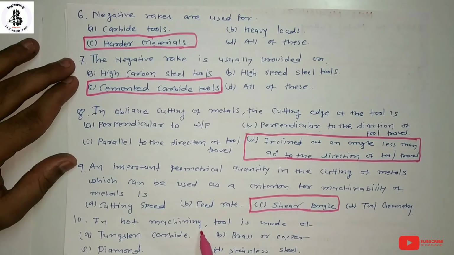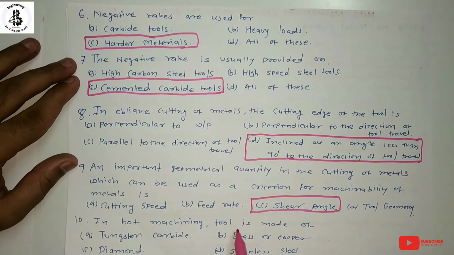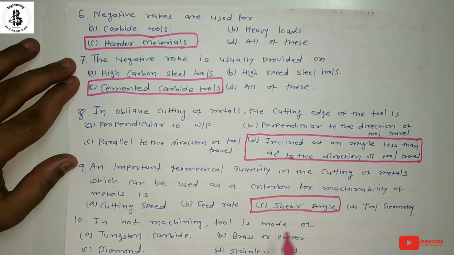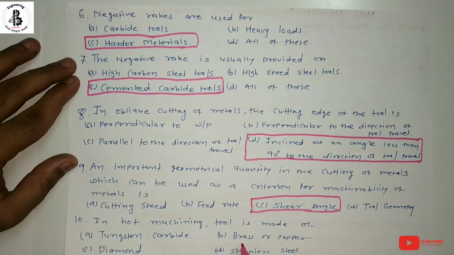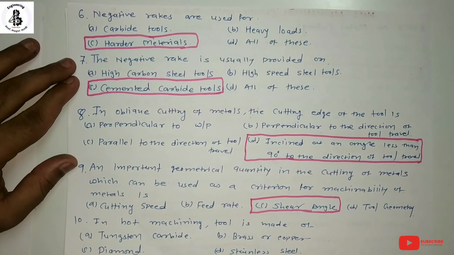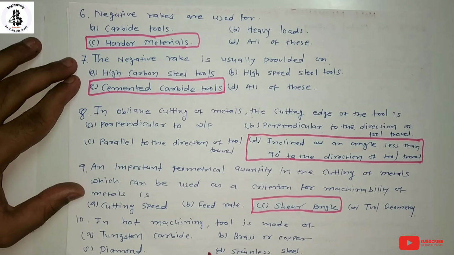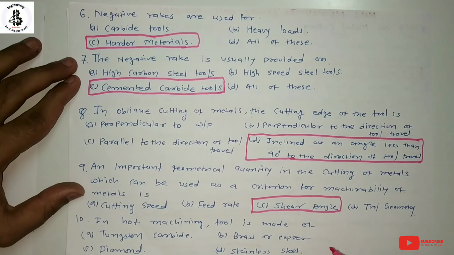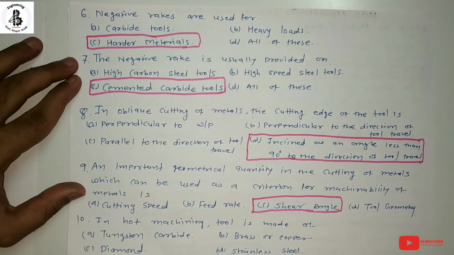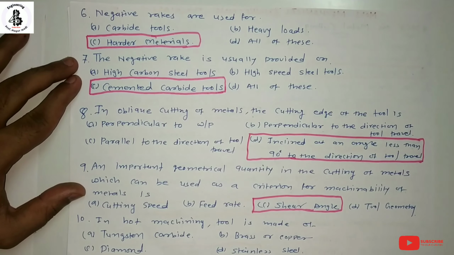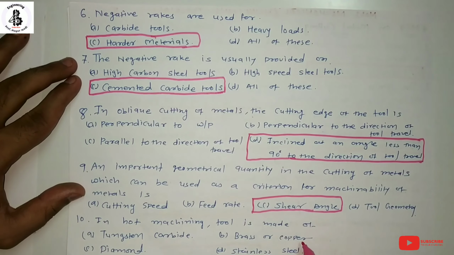In hot machining, the tool is made of: tungsten carbide, B, brass or copper, diamond, and stainless steel. Generally hot machining requires a tool material with higher characteristics, basically a higher melting point. Brass and copper have a lower melting point.